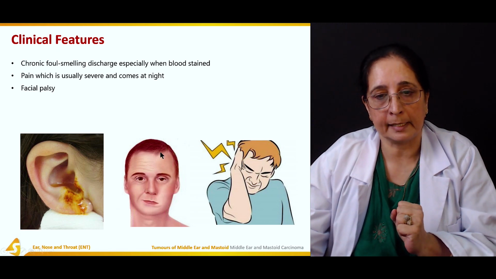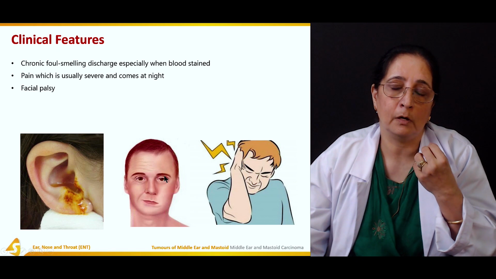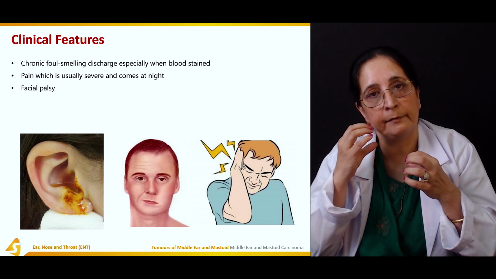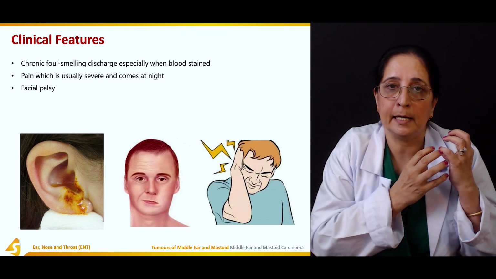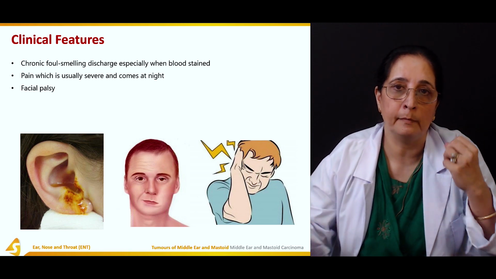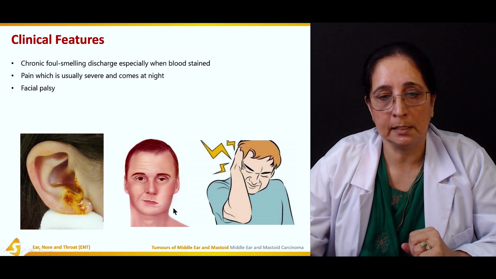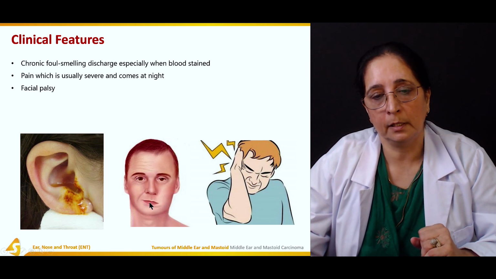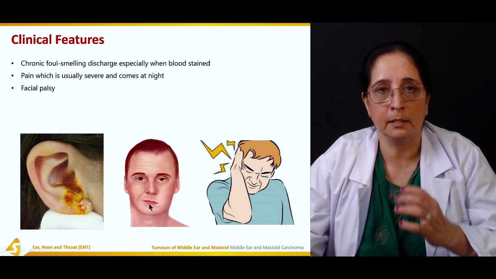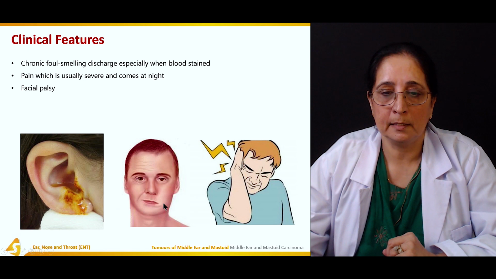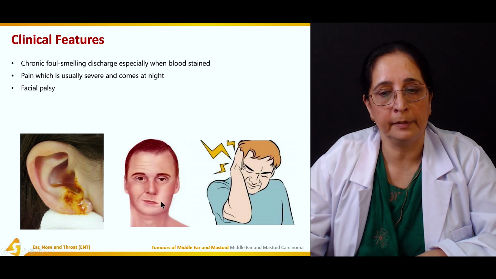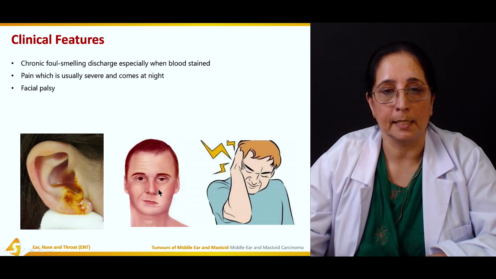So one side is affected, and the mouth is deviated towards the side which is normal or healthy, because one side is affected and weak, so the side that is healthy pulls the muscles, pulls the mouth towards that side. So this is the diagram. There is loss of wrinkles also on the forehead. There is drooping, the mouth turns to one side or droops down to one side. There is loss of nasolabial fold also. So these are all the features of the facial palsy or Bell's palsy.